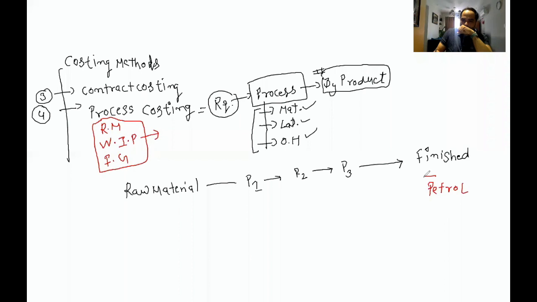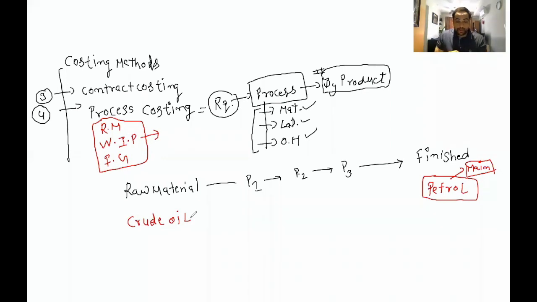So petrol is the main product that we want to produce. In order to produce this, we need a raw material. Which raw material do we require to make petrol? The raw material is called crude oil, a black, thick oil.